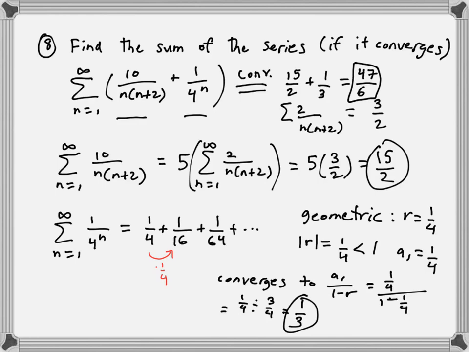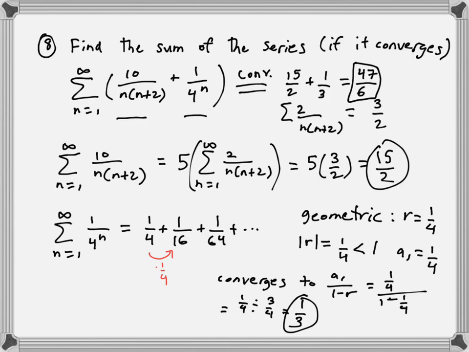So the theorem is nice because it allows us to take a complicated thing and split it up into two easy things. Now, it's worth pointing out that we were only able to do this because both of the series were converging to something, right? If one of them diverges, then you can't really say what would happen if you add the two together, okay? But this only works if they both converge. Okay.